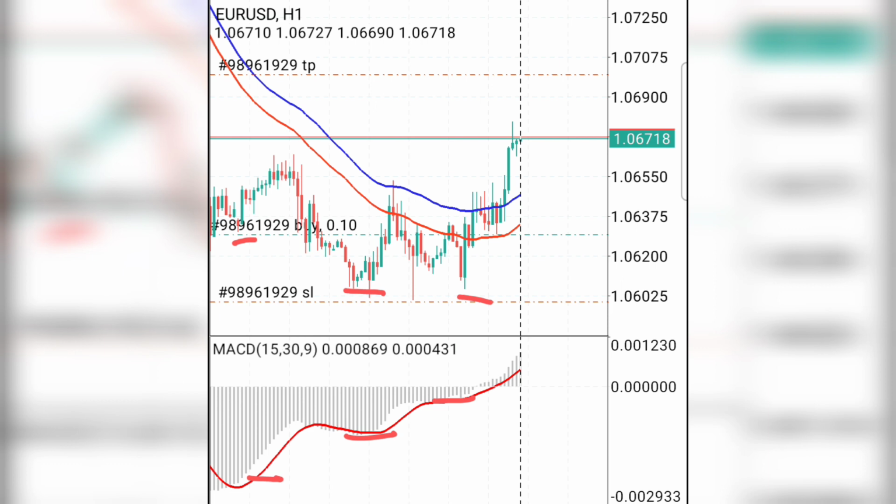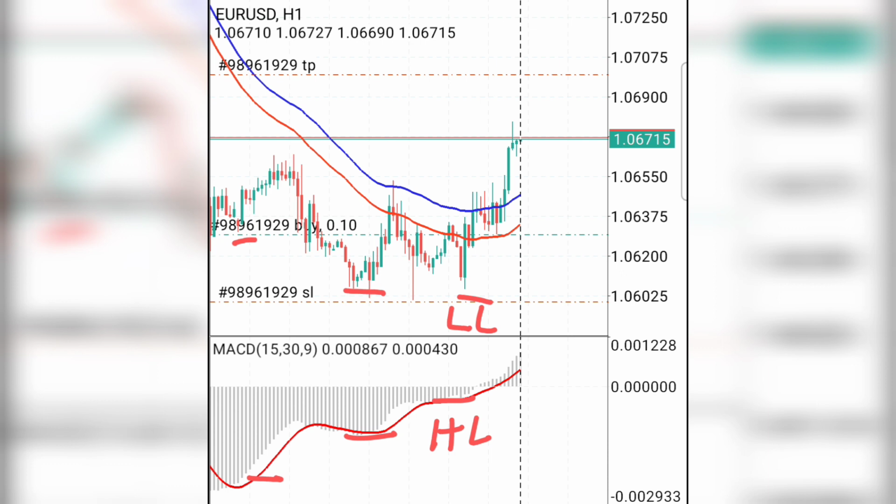So if we have here a higher low, and then here we have a lower low, this is a classic bullish divergence. And that gives us the opportunity to buy here. Now, my buy is somewhere here, right?